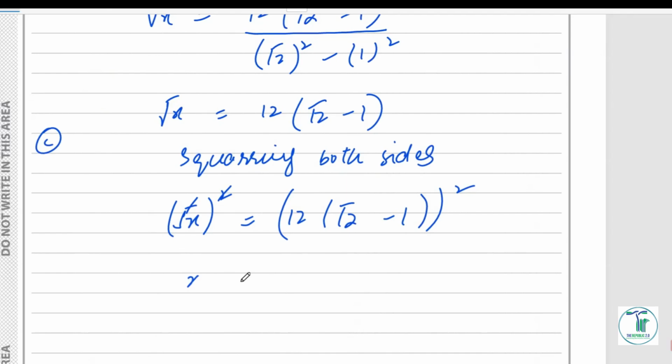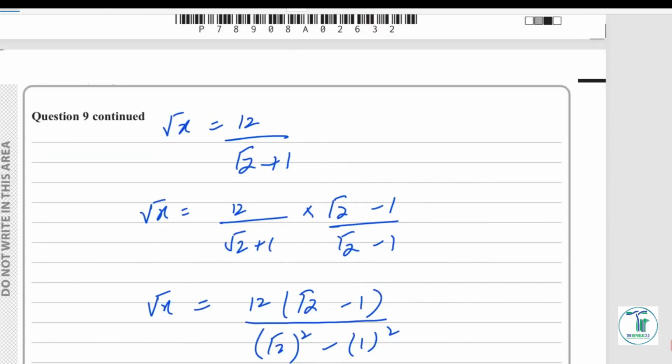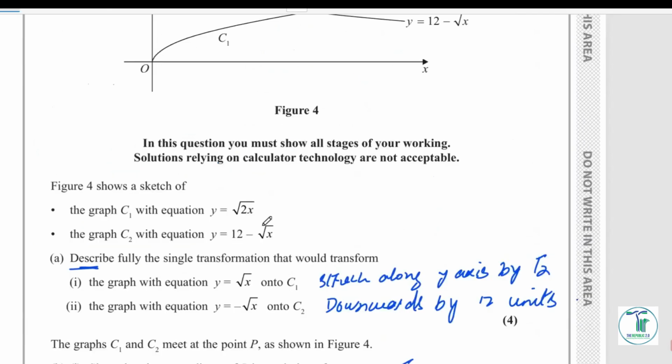You must be having x. 12 square has to be 144. And under root 2 minus 1 square, if you expand that down, you must be having 2 plus 1 minus 2 under root 2. So the answer of x has to be something like 144 times 3 minus 2 root 2. That is x. And now you're looking for y. For example, if you're looking for y, you've got 12 minus root of x and you've got under root 2x.